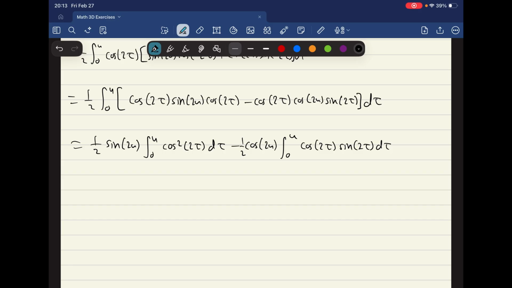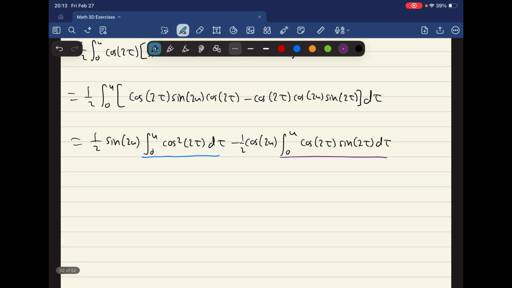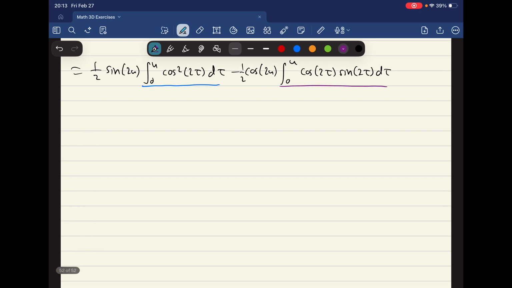So now all that remains is to evaluate these 2 integrals here. This one in blue and this one in purple. The one in purple is a bit easier. You might notice that this one's actually amenable to a substitution.